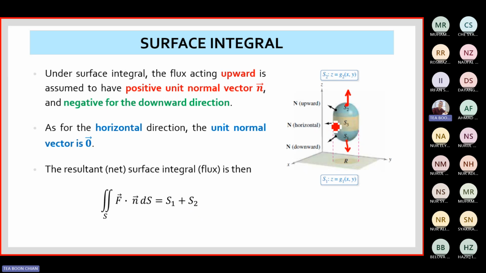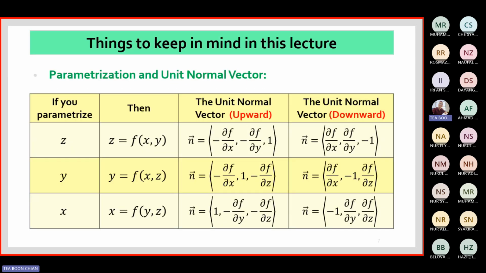Whatever is horizontal or orthogonal is not our concern; it will always be zero. We also learned how to parameterize the vector from three variables to two variables, and how to compute the unit vector for upward and downward.